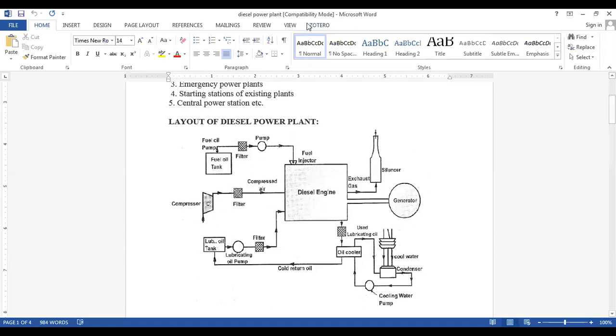Sometimes there is another device, superchargers, after this compressor stage, whose function is to further increase the pressure of the input air supplied to the diesel engine. Then it is filtered and entered into the diesel engine.